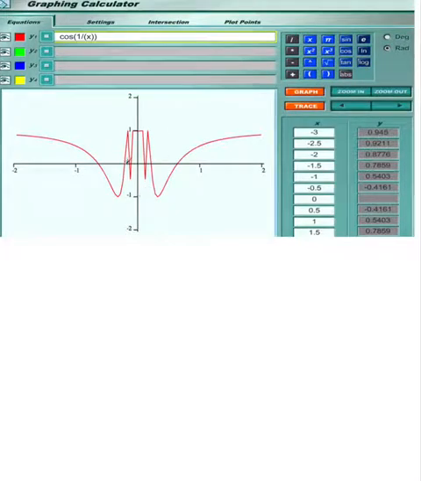And this one's really cool. I like this one because it looks like there should be a limit, but there's not. f of x is cosine of 1 over x. Now look at this. It looks like you've got a really nice curve here. This is what my calculator did, or the online graphing calculator that I use. And you can see that it goes down and it starts oscillating. Now you see how this is almost flat there?